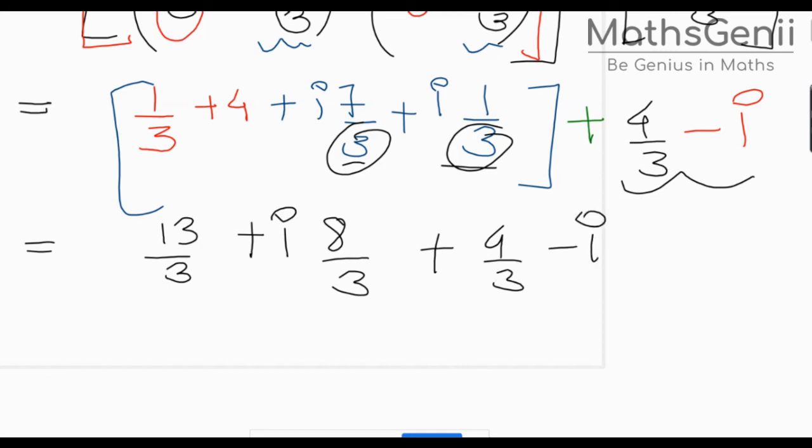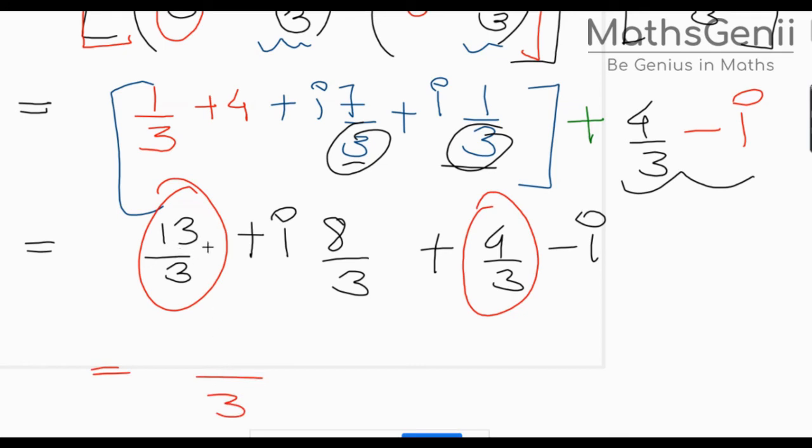Now again, real number with real number, imaginary with imaginary. 13/3 plus 4/3. 3 is common, I'll write it once. 13 plus 4, 17. Okay. And next, again very simple. Imaginary with imaginary.